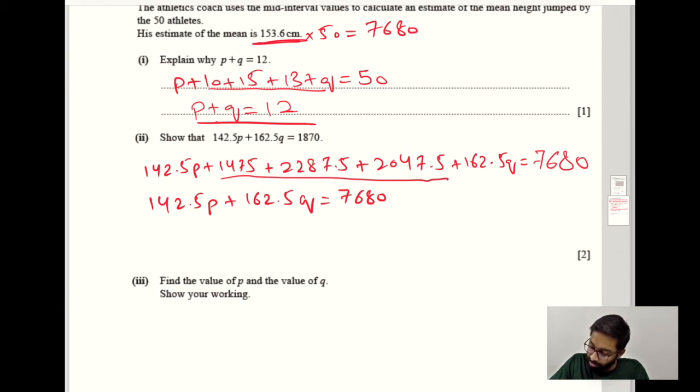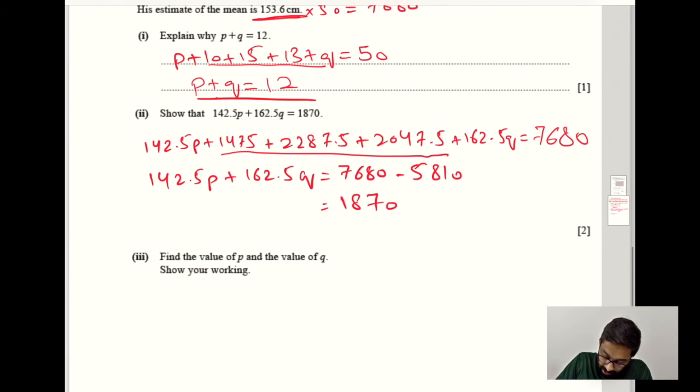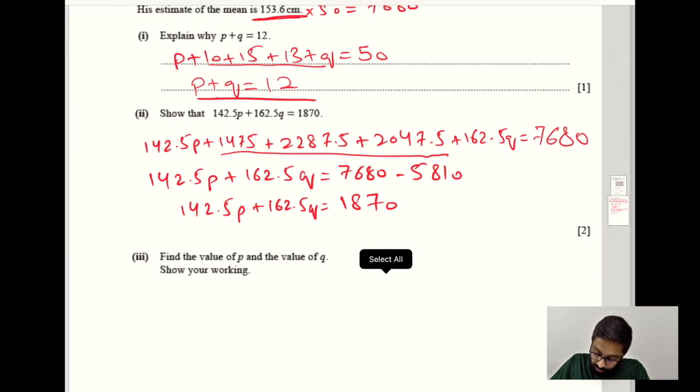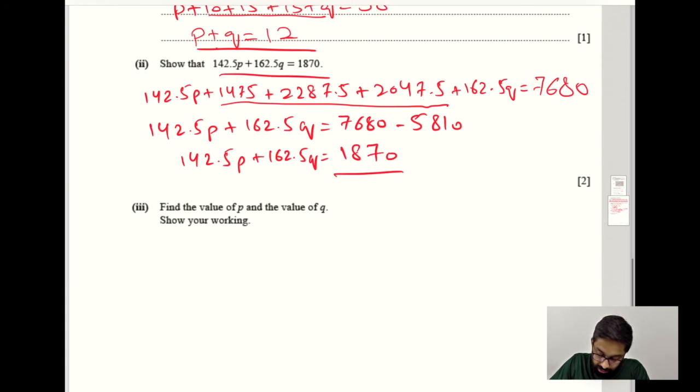The sum is 5810. When you subtract this from 7680, you get 1870, and this is equal to 142.5 P plus 162.5 Q. Hence, this proves our equation right here. This is equal to this.